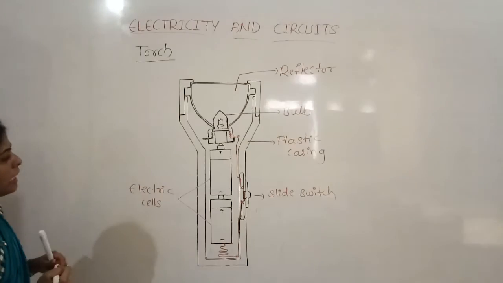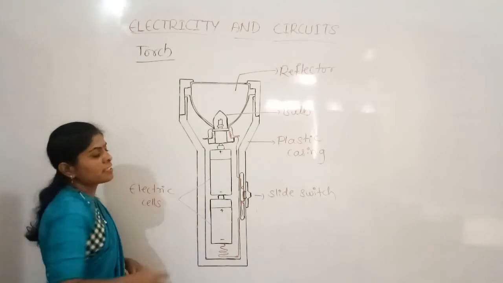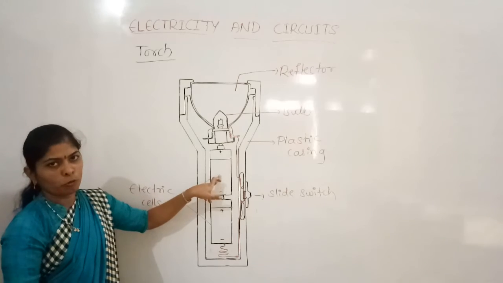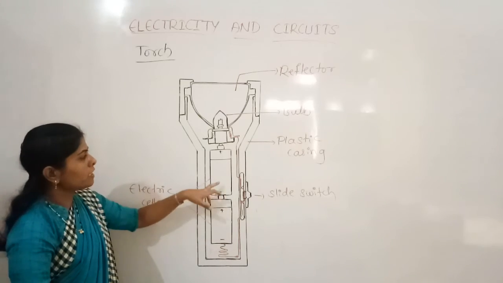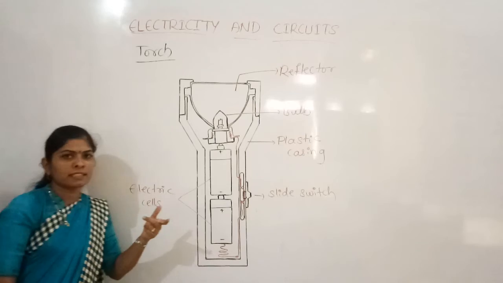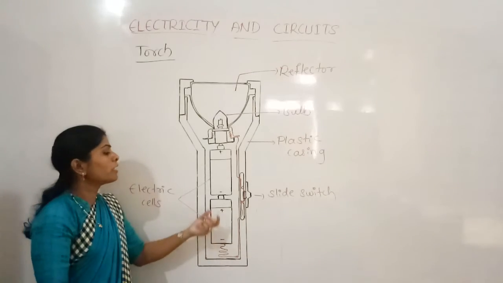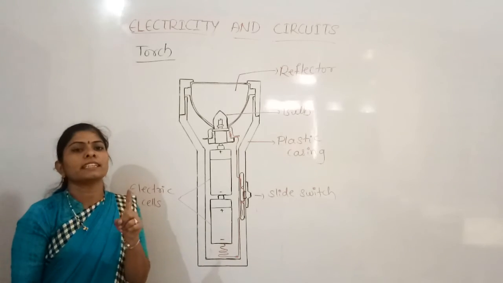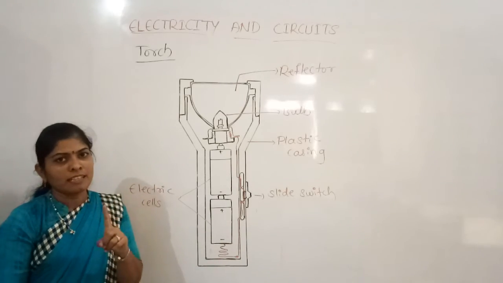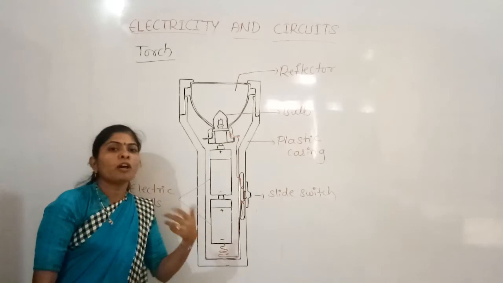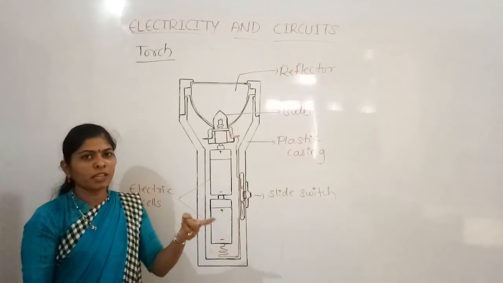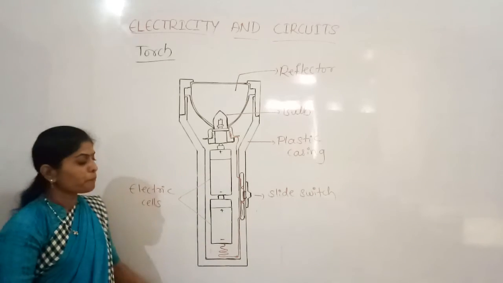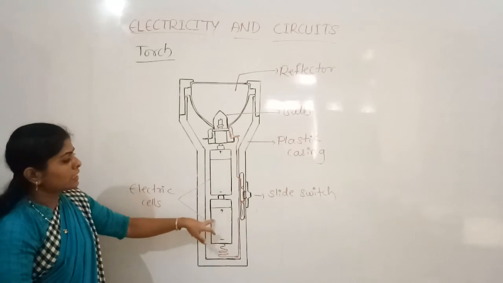Here the electric cells are arranged in series. When a number of electric cells are connected together, we call it a battery. If it is a single one, we say it is an electric cell. If two or more electric cells are joined together, then we call them a battery. So here these two are the electric cells.